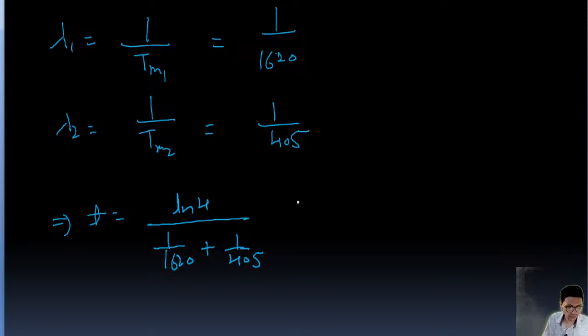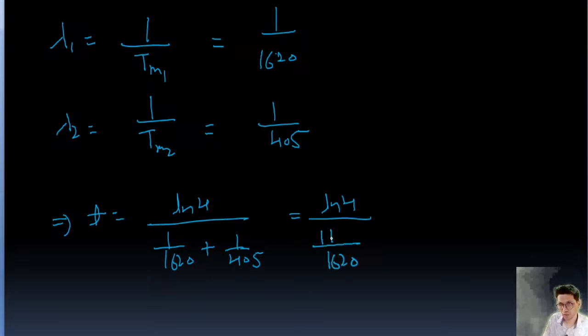So this is ln 4 upon, we'll take the LCM, that is 1620, and this is going to be 1 plus 4.